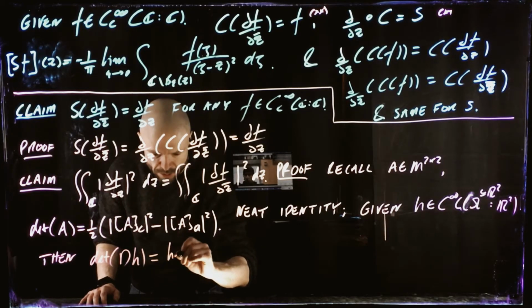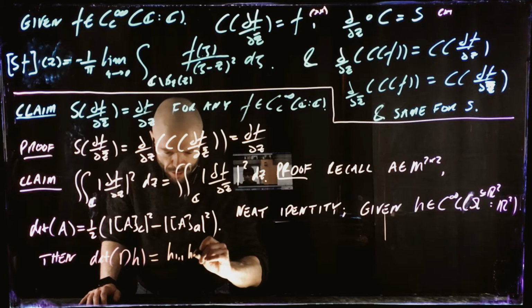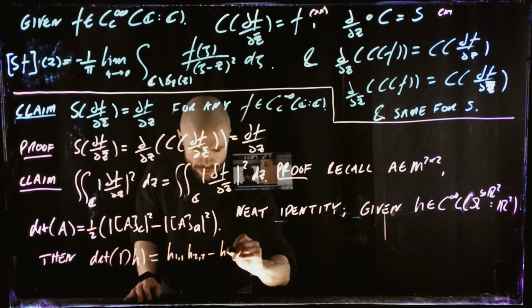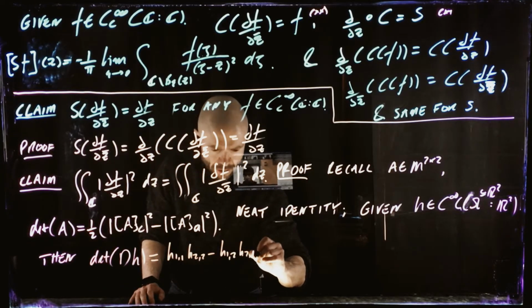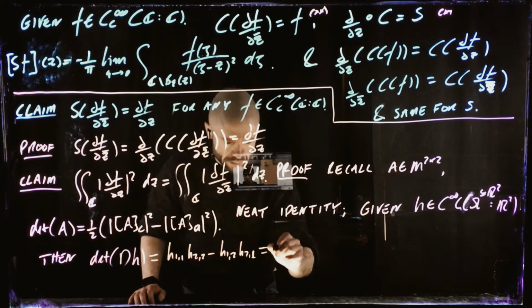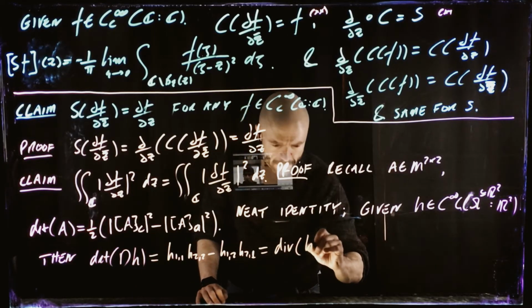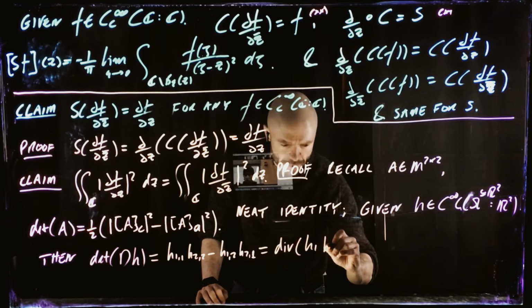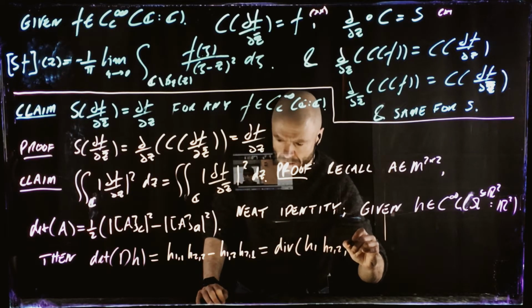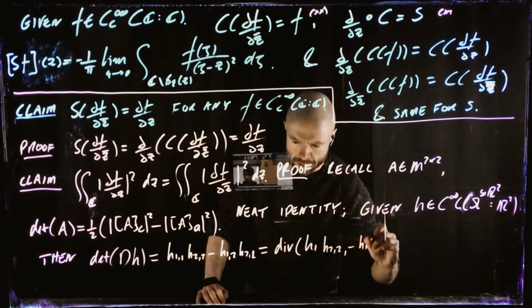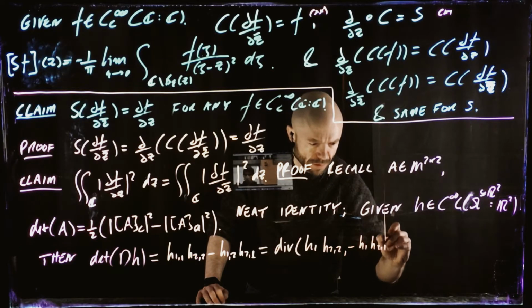What is this? This is h1,1 h2,2 minus h1,2 h2,1. And it turns out that this is the divergence of (h1 h2,2, minus h1 h2,1).